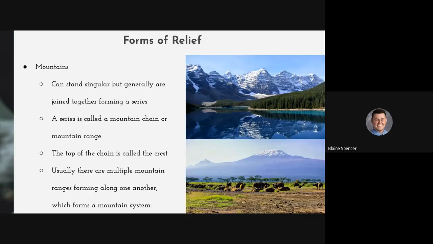We see that mountains are capable of standing alone. In this bottom picture, Mount Kilimanjaro in Africa, for the most part, stands alone. There's not really many other mountains in that area. Clearly God can do whatever He wants.